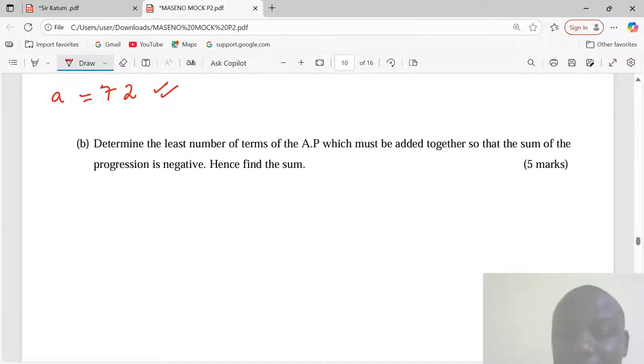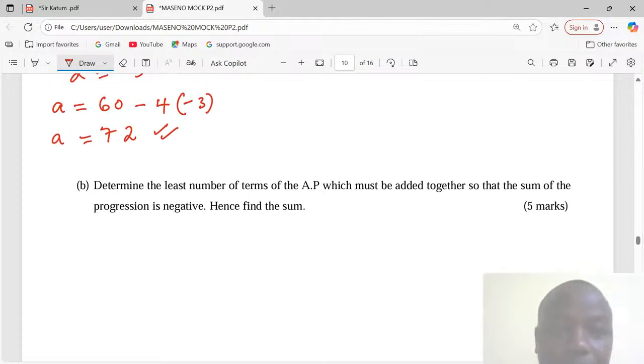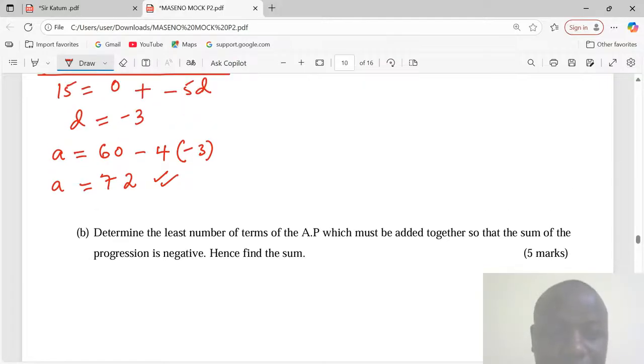On the negative side, we may not know the first negative sum that we would get, but with the common difference being negative, we know that the progression is decreasing, and at some point we shall get to a negative sum. Then what should common sense tell us at that point?